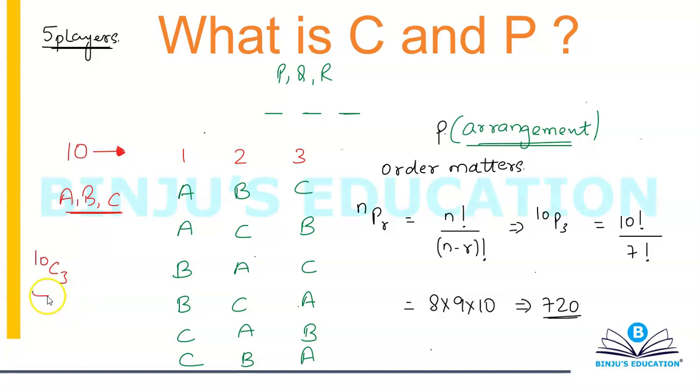You'll get the number of ways of selecting 3 participants, and then multiply this selection by the number of ways in which you can arrange these 3 participants, because that's the additional thing I'm doing. I'm selecting 3 and then I'm arranging them, that's it.